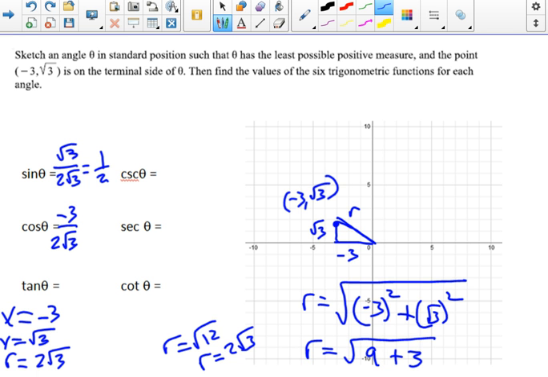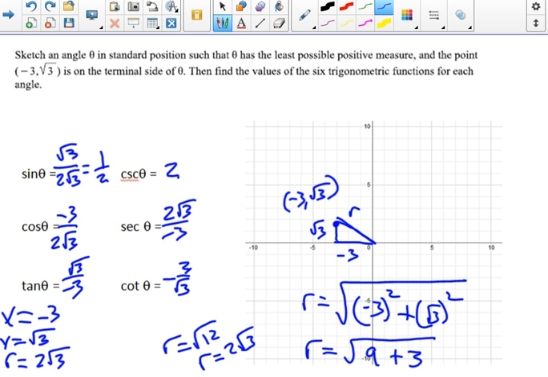And the tangent is going to be y over x, square root of 3 over negative 3. Cosecant is going to be 2. The secant is going to be 2 square root of 3 over negative 3. Cotangent is going to be negative 3 over square root of 3.